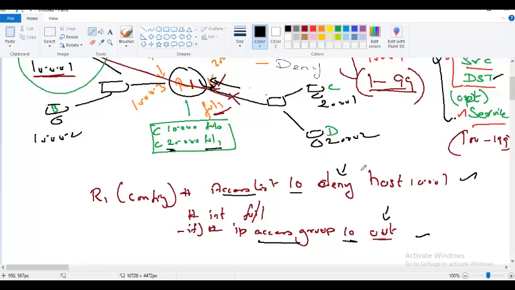If I ping from 10.0.0.2, what is the source? 10.0.0.2. And the destination is 20.0.0.1. What will happen? But I'm denying only this, 10.0.0.1. This is 10.0.0.2.